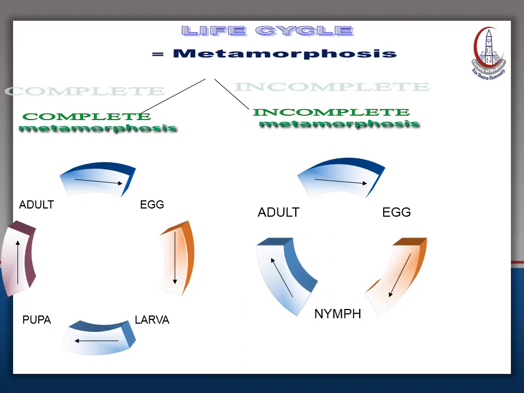In contrast to incomplete metamorphosis, in which we have only three stages: the adult, which gives the egg, and then the egg hatches to give the nymph. The nymph turns into the adult. The morphology of the nymph is very similar to an adult, with few differences. The nymph is smaller, lighter in color, sexually immature. So we have few morphological changes which occur to the nymph in order to be an adult, and that's why we call this life cycle an incomplete life cycle.